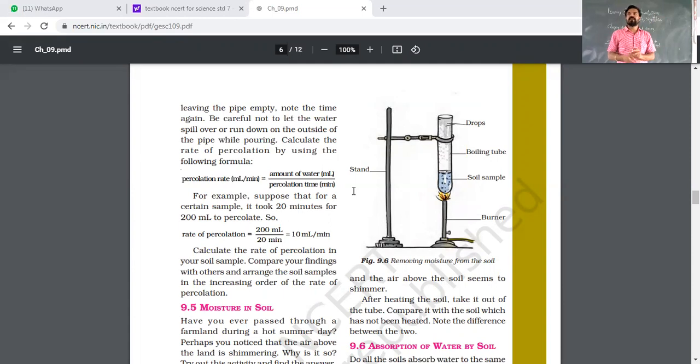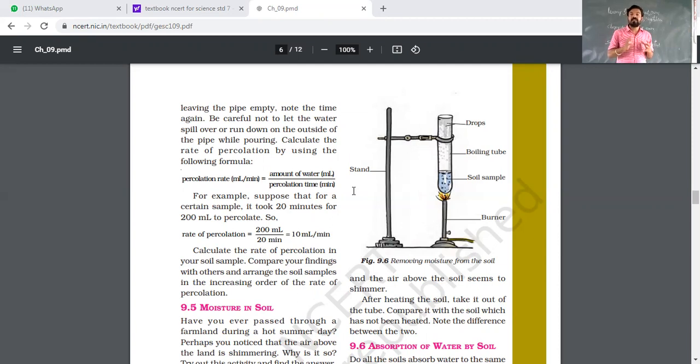Now you can observe that in this part of the district there are also farms, but you will see a 2-3 days gap after which the farmer waters the farm. Why after 2-3 days?